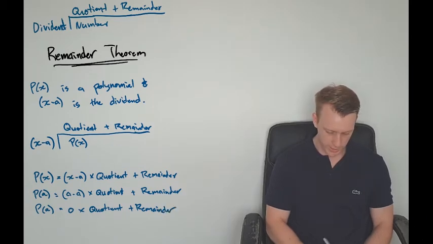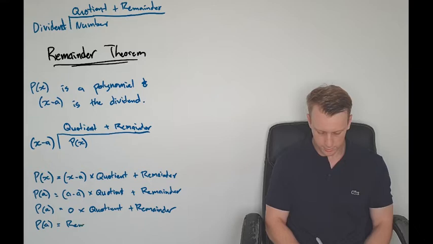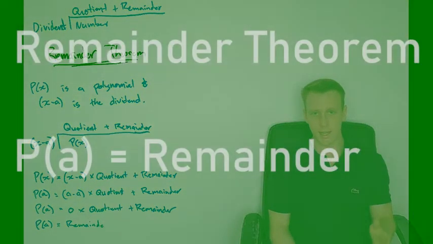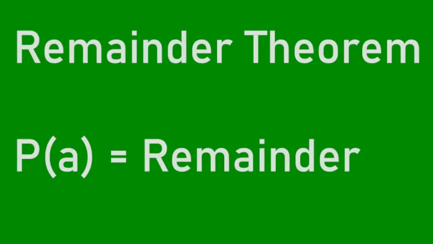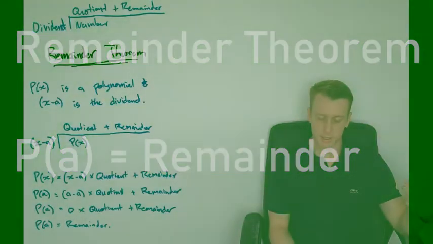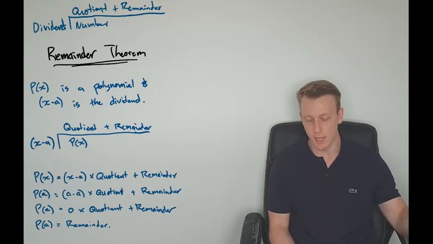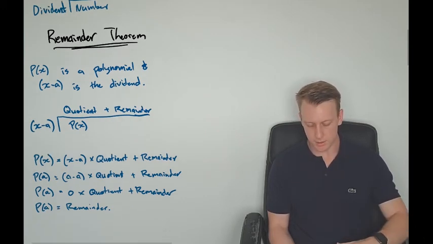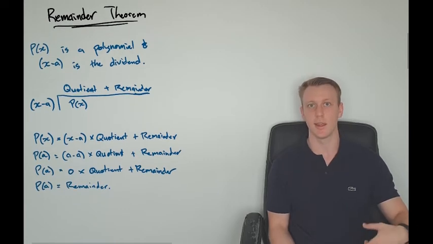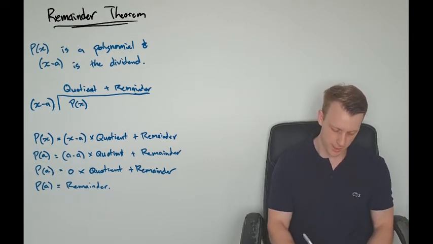So then p of a is the remainder. And that is the remainder theorem. If you take x minus a as the divisor and evaluate the polynomial at that point a, that gives you the remainder.